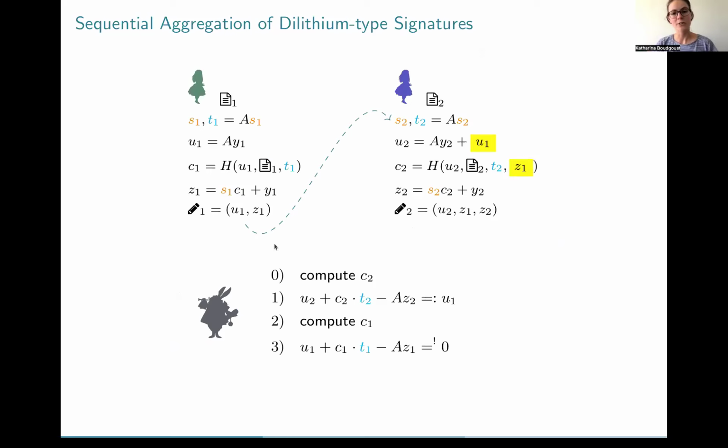And then she sends her signature composed of U1 and Z1 to the second Alice. And what the second Alice now does is that she will add as an additional shift the U part of the first Alice when computing her U part. And she will also commit to the Z part when computing her challenge from the random oracle.